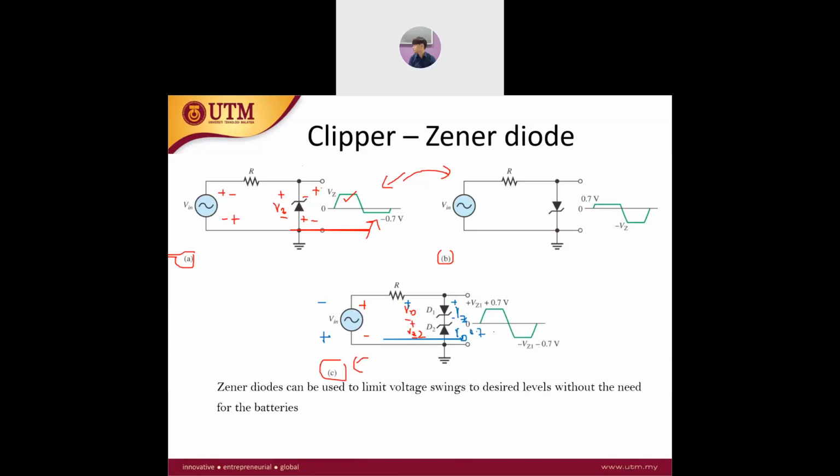So that's why you have this being enhanced, VZ1 plus 0.7 volt. And the next one is negative VZ1 minus 0.7 volts. This one is coming from the regular diode operation, and this one is coming from the ZENER diode operation, which is the breakdown region, and this one is the diode drop.